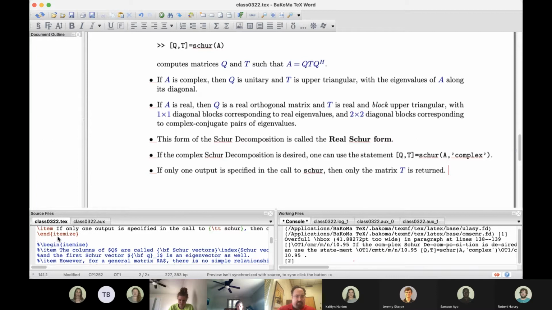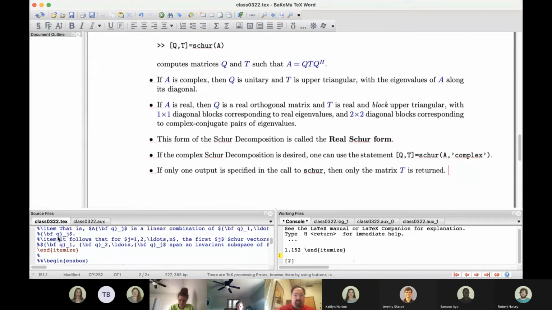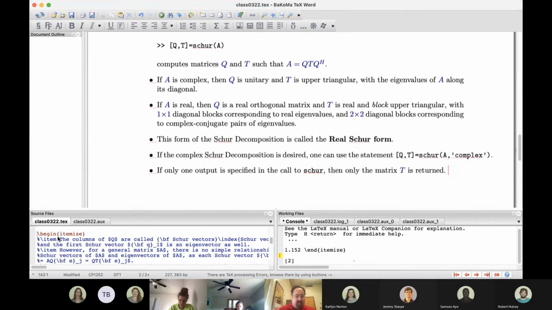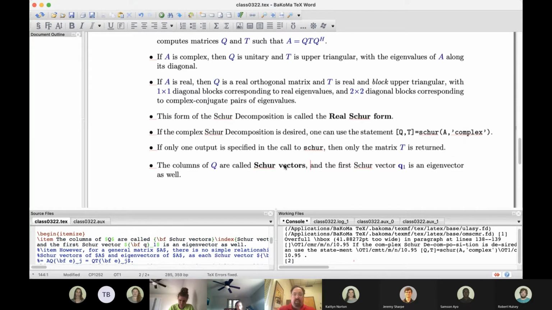I mentioned that the columns of the Schur matrix Q are generally not the eigenvectors, except the first column always is.